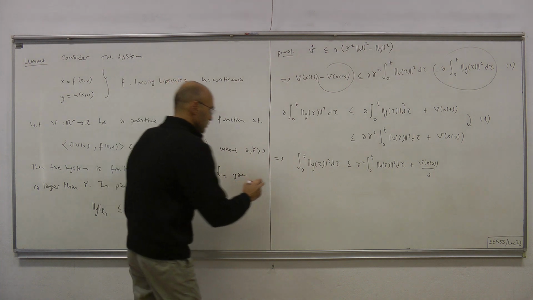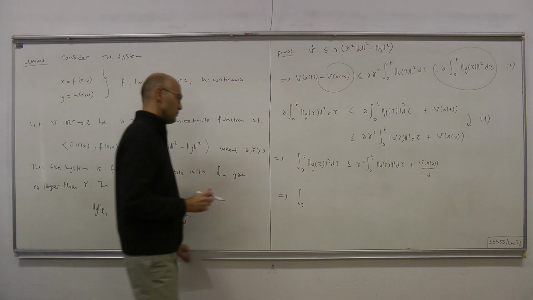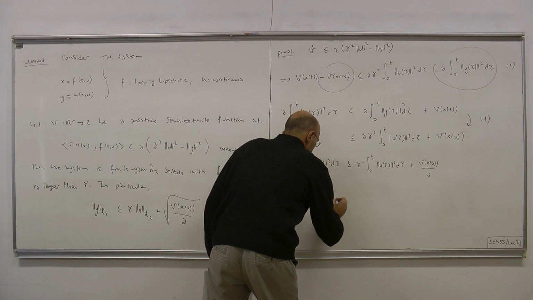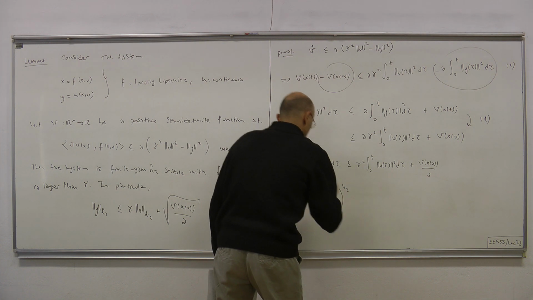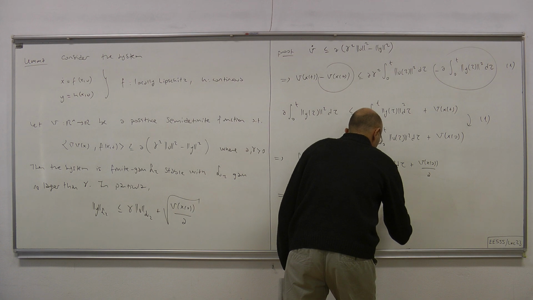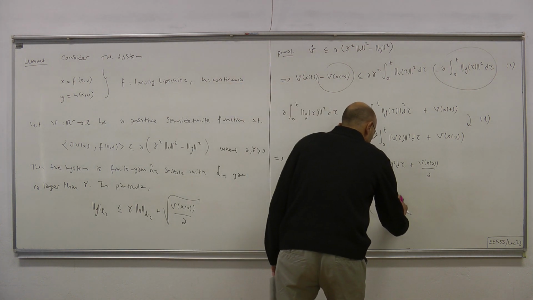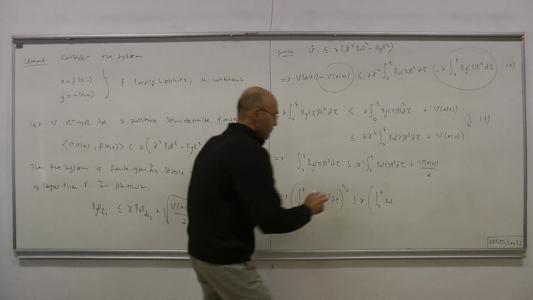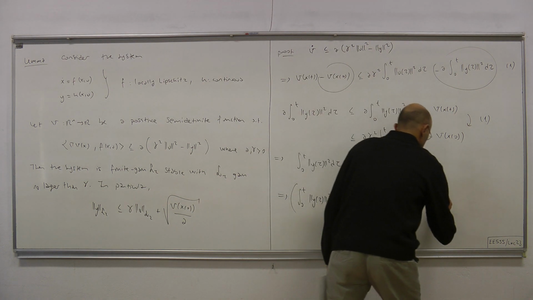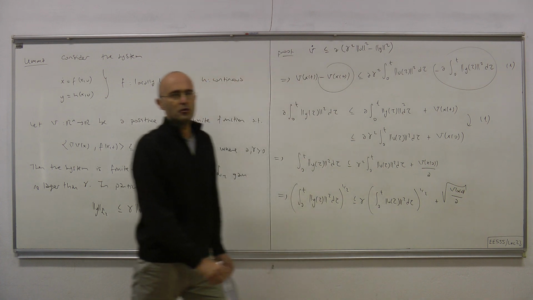And then this implies the same thing, but with square roots: the square root of the integral of y squared is less than gamma times the square root of the integral from 0 to t of u of tau squared d tau plus the square root of V of x of 0 over a.